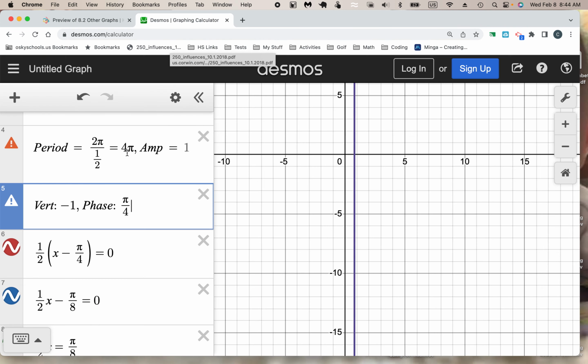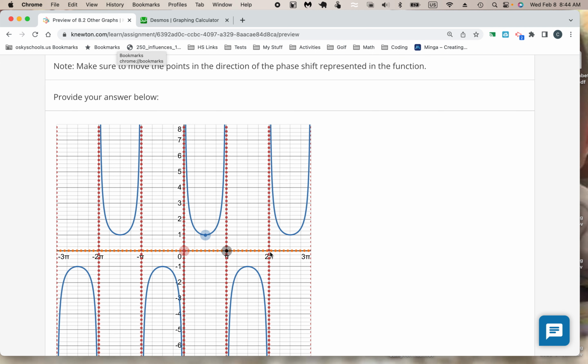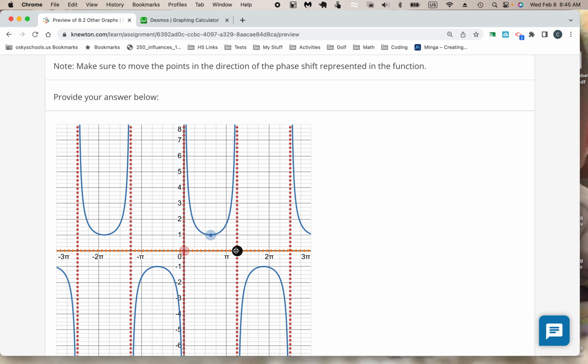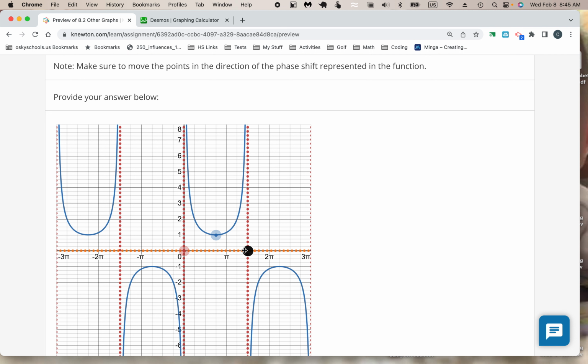My period is 4pi, so I need to extend this out until I get to 4pi. Right now I'm from 0 to 3pi. What I need to do is get from 0 to 4pi, so I'm going to drag this over a little bit.